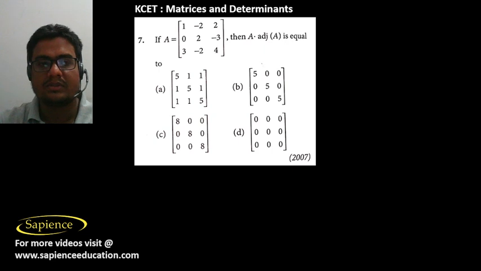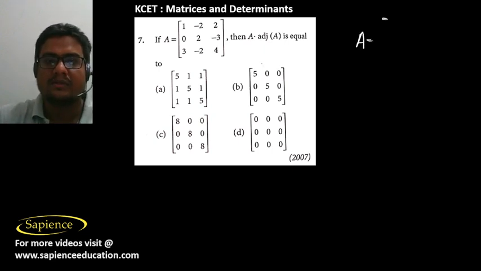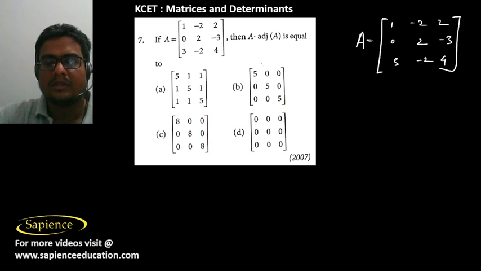Then in question number 7, the matrix A is [1, -2, 2; 0, 2, -3; 3, -2, 4]. Then A into adjoint of A is equal to how much?